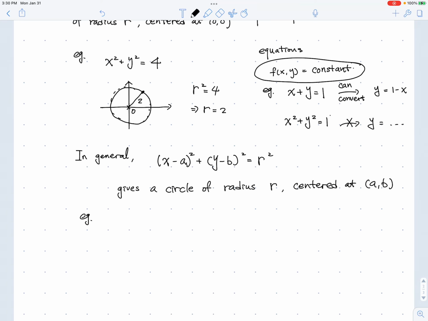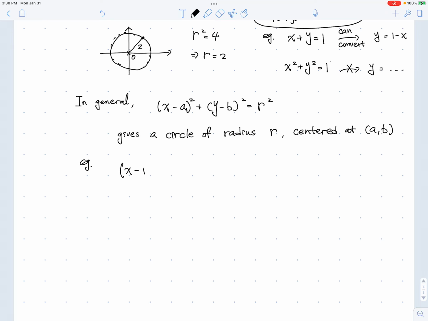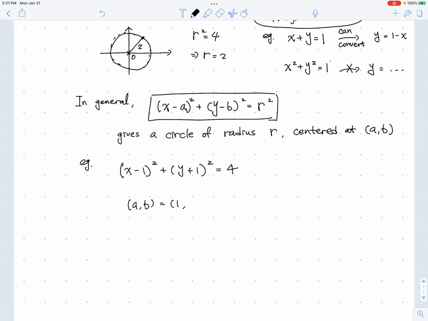Okay, example. (x minus 1) squared plus (y plus 1) squared equals 1. We have a lot of 1s here. Let's change the number. Put it 4. So if I compare this equation with the general form, what is the (a, b)? a would be 1 and b would be minus 1, because y plus 1 is equal to y minus negative 1.